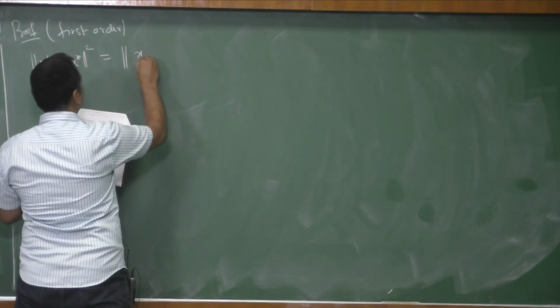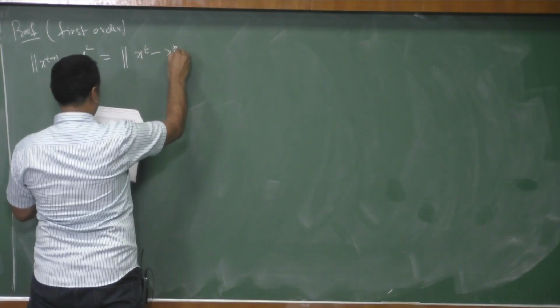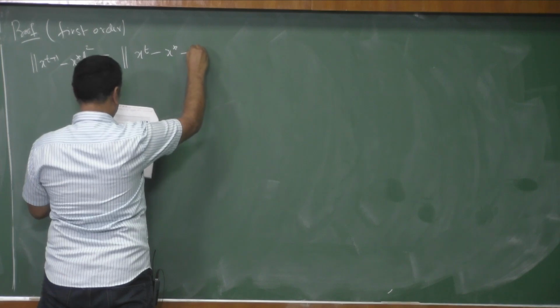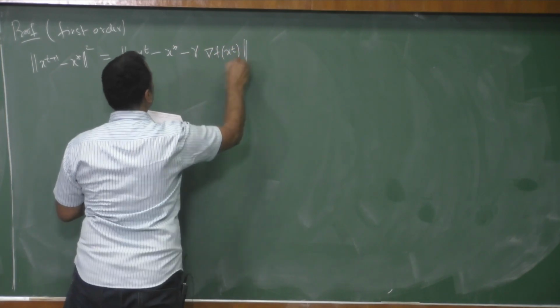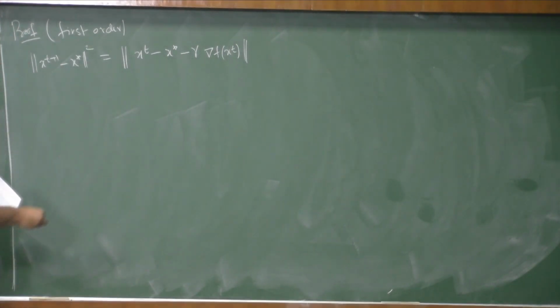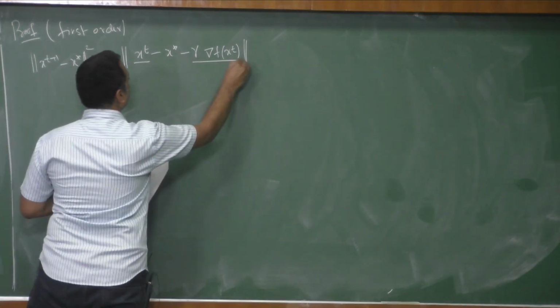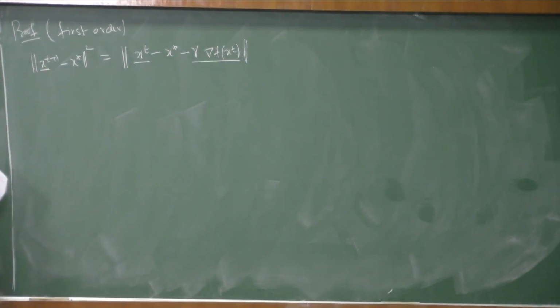So then this is the norm of x(t) minus x star minus gamma grad f(x(t)). What I have put in place of x(t+1) is x(t) minus gamma grad f(x(t)). That's the gradient descent, right?